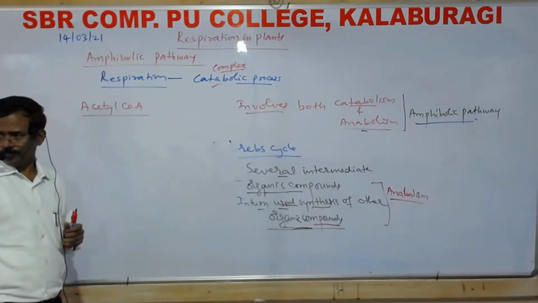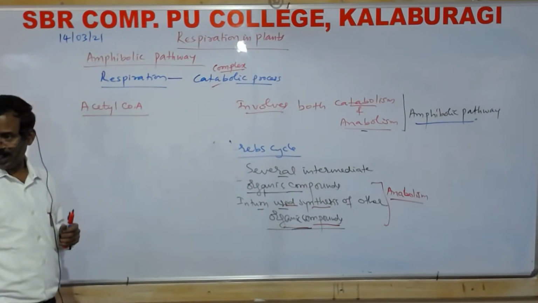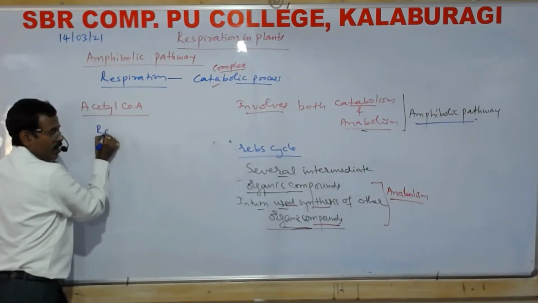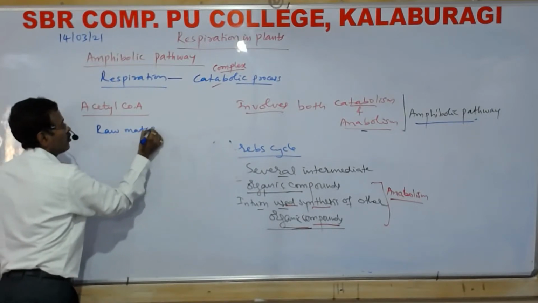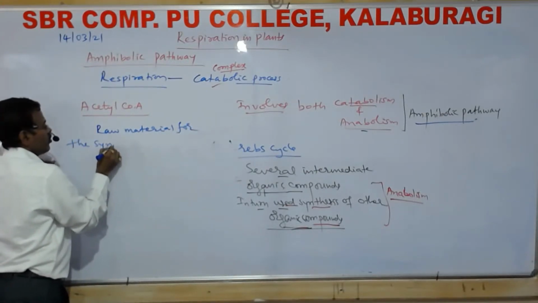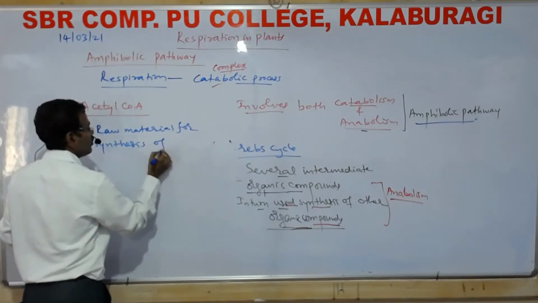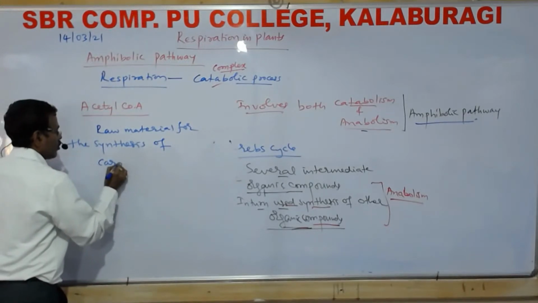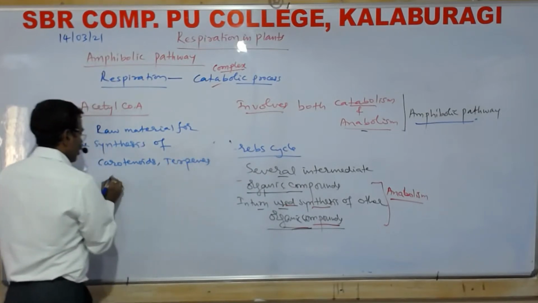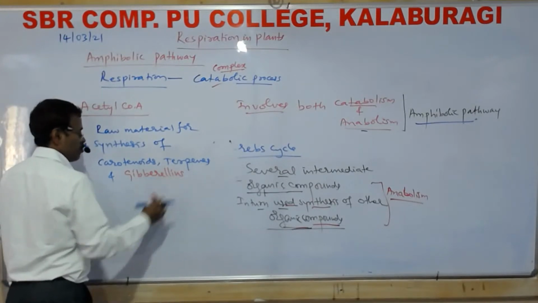Acetyl coenzyme is produced from the preparatory step. Pyruvic acid is converted into acetyl coenzyme. It is a 2-carbon compound. This acetyl coenzyme acts as a raw material for the synthesis of carotenoids, terpenes, and a plant hormone, that is gibberellins.